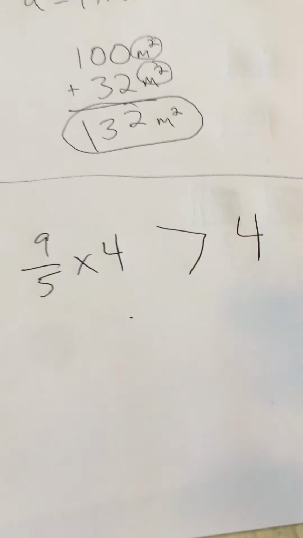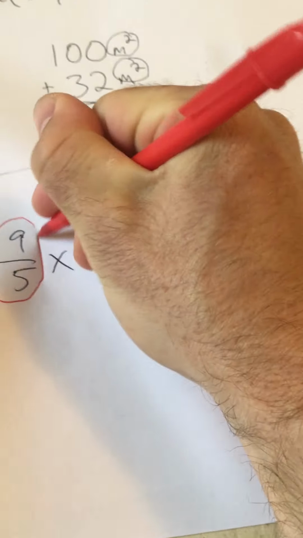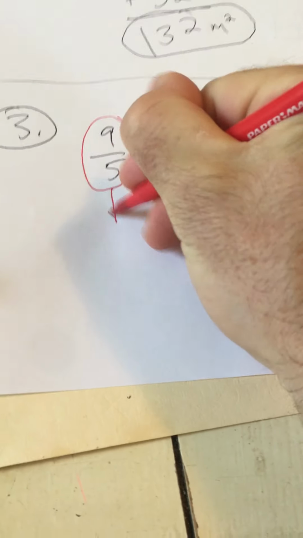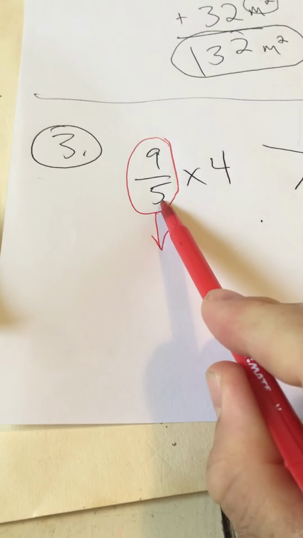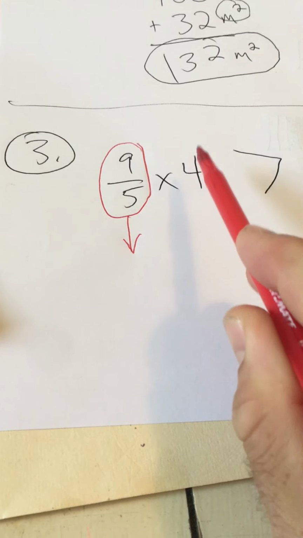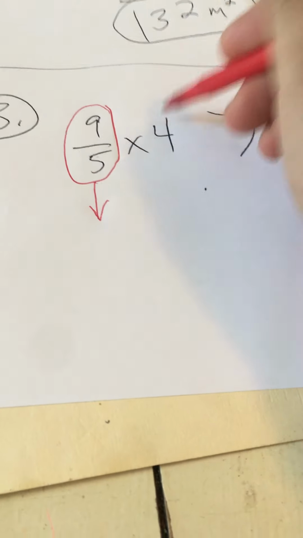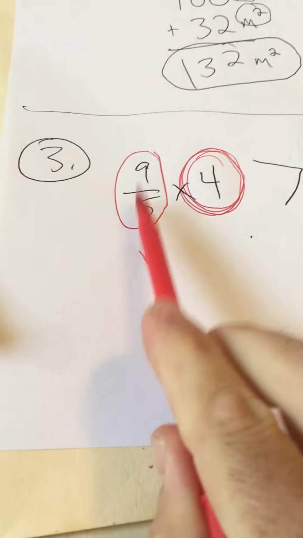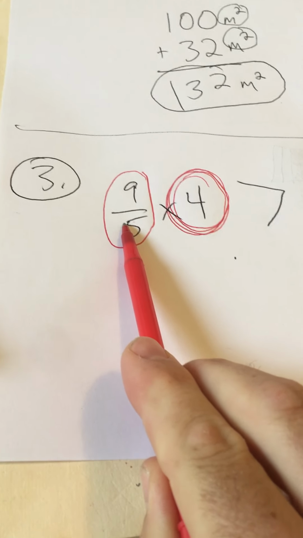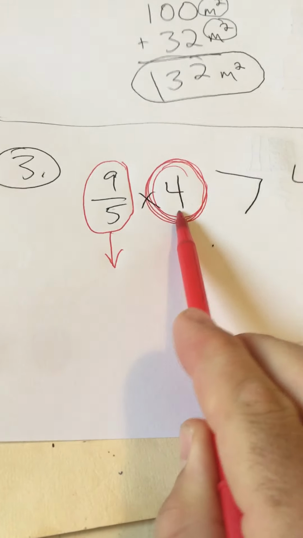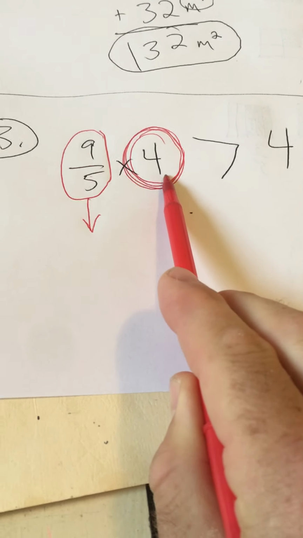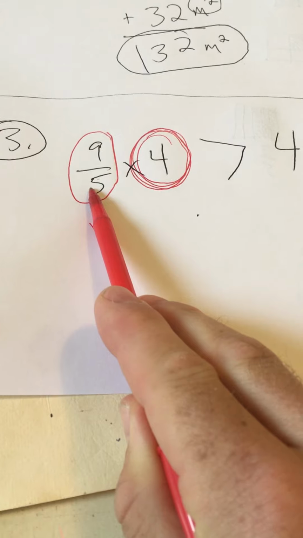Okay, so this is kind of what we were just doing a minute ago. You're going to look at the fraction that you're multiplying times this whole number. If that fraction is greater than 1, then when you multiply it times 4, the answer is going to be greater than 4. If this fraction was equal to 1, like 4/4 or 5/5, and we multiplied it times 4, the product is going to be equal to 4 because you really did 4 times 1.